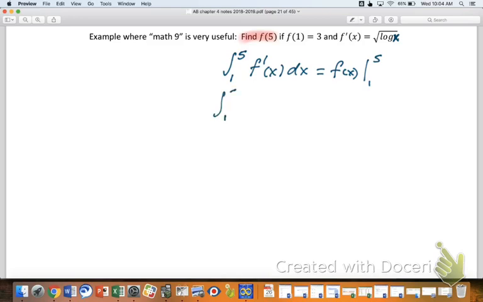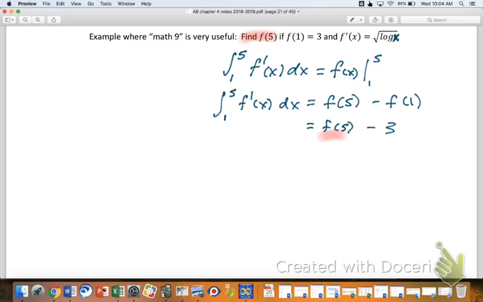I'm going to write integral from 1 to 5 of f prime of x equals f of 5 minus f of 1. Does that also make sense? Now here's where the connection happens, right? So we know that f of 1 is 3, and f of 5 is the thing that I'm trying to figure out.